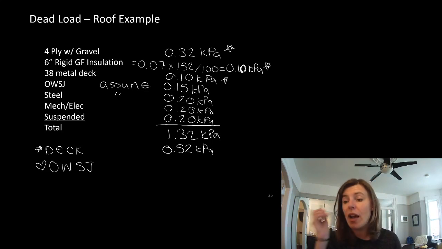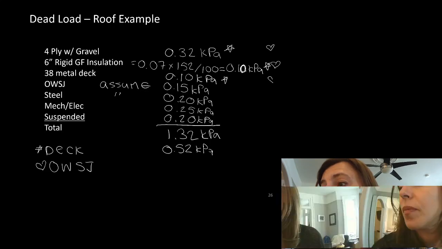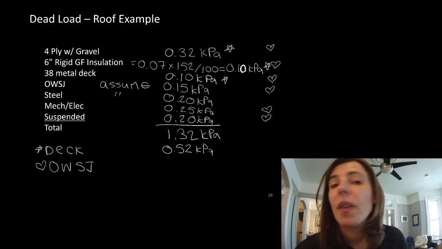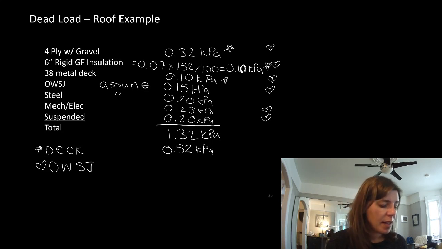So it looks like our open web steel joists need to be designed for the load of everything except the steel. So we have 1.32 minus 0.2, or the weight of the steel.